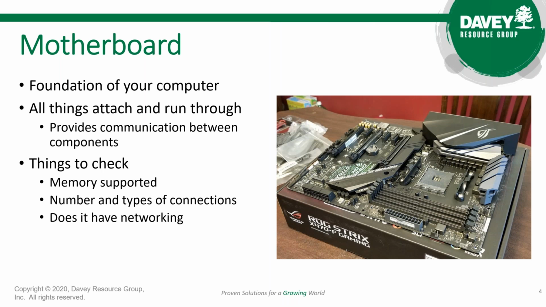You typically want to make sure your system can support up to 32 gigabytes of RAM, not that you'll necessarily start there. More is better, but at least 32 gigabytes is what you want your board to support.